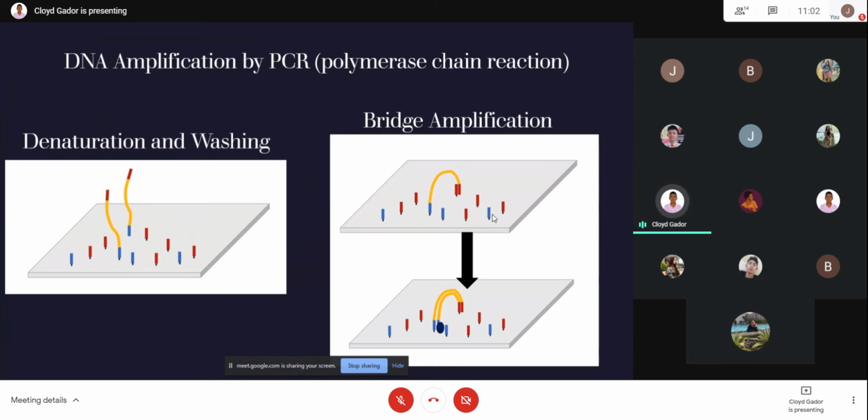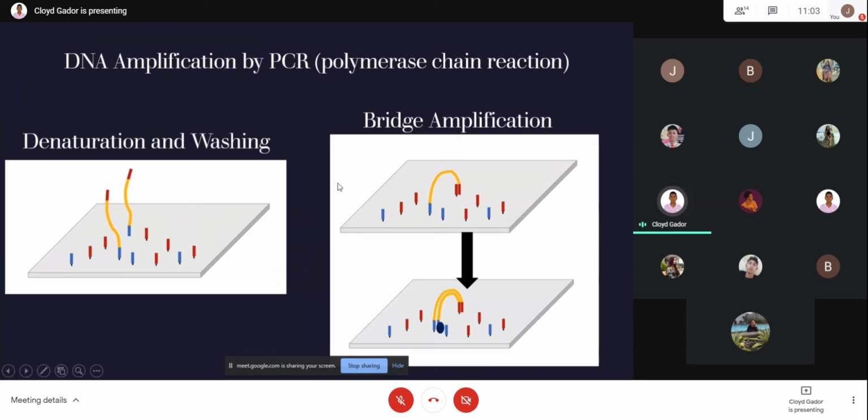So the DNA undergoes denaturation, and the signal strand, which is not attached to the flow cell's oligonucleotides, gets washed away, and the remaining complementary DNA strands undergo bridge amplification.